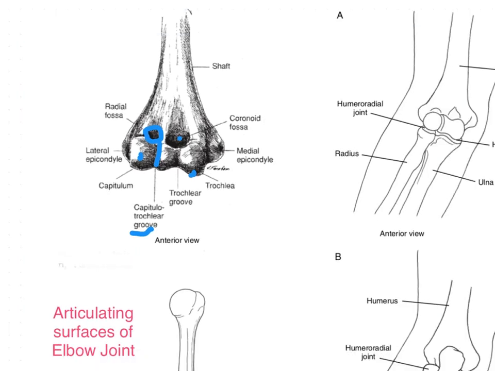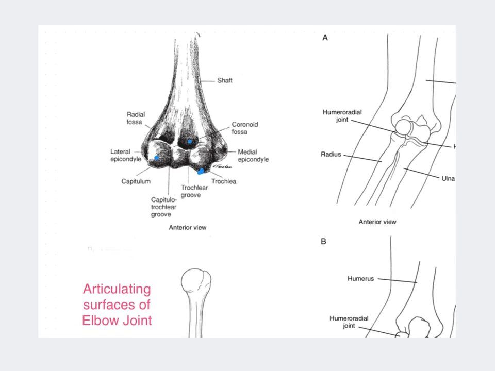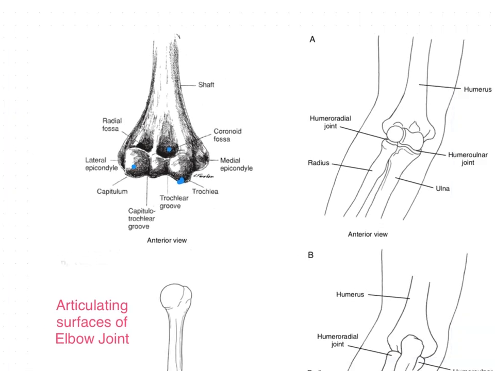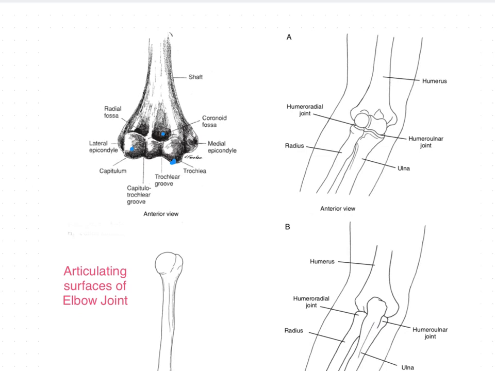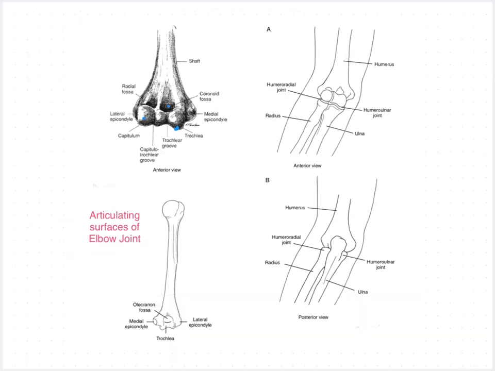Okay, and this is about the radial fossa and the capitulum. So these are the two articulating surfaces found on the anterior aspect of the distal end of the shaft of the humerus, which form the elbow joint.